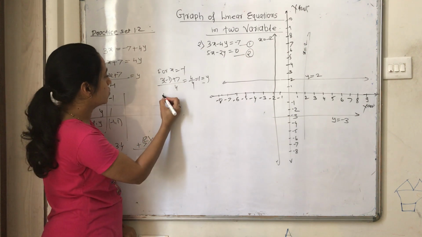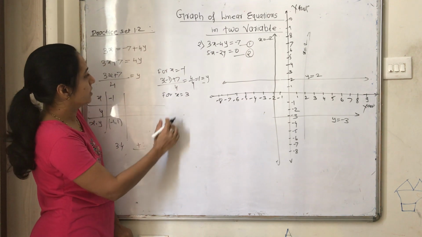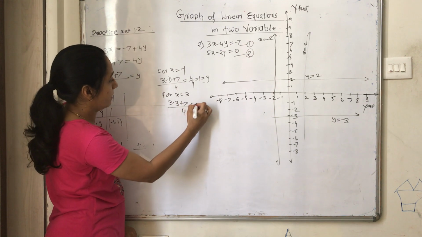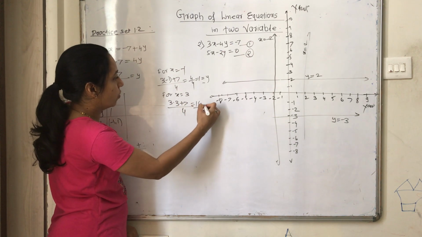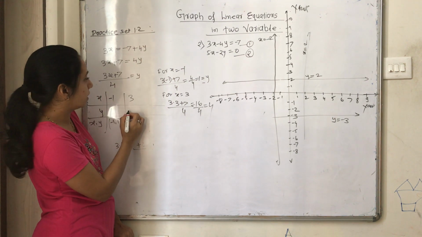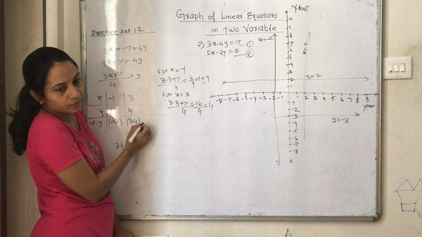So I will choose x is equal to 3. So (3 into 3 plus 7) divided by 4 is 16 divided by 4, which is 4. So for x is equal to 3, y is 4 and the pair is 3 comma 4.